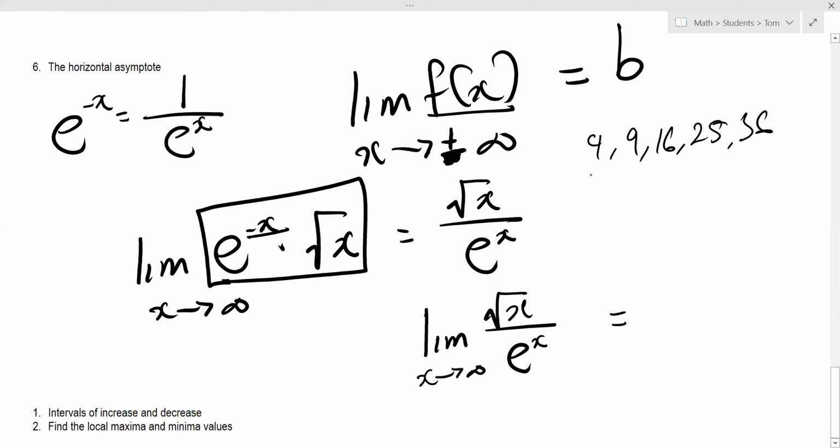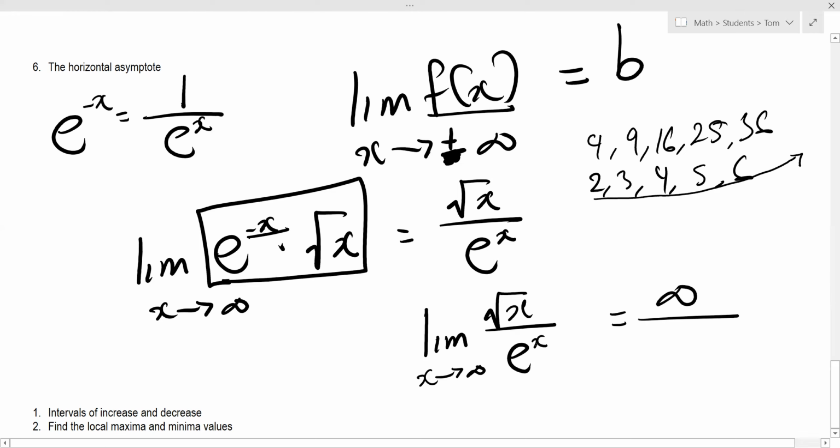The square roots will be 2, 3, 4, 5, 6. I'm just using perfect squares to explain, but as x increases, the square root still increases. So as x increases to infinity, the square root of x will also go to infinity.